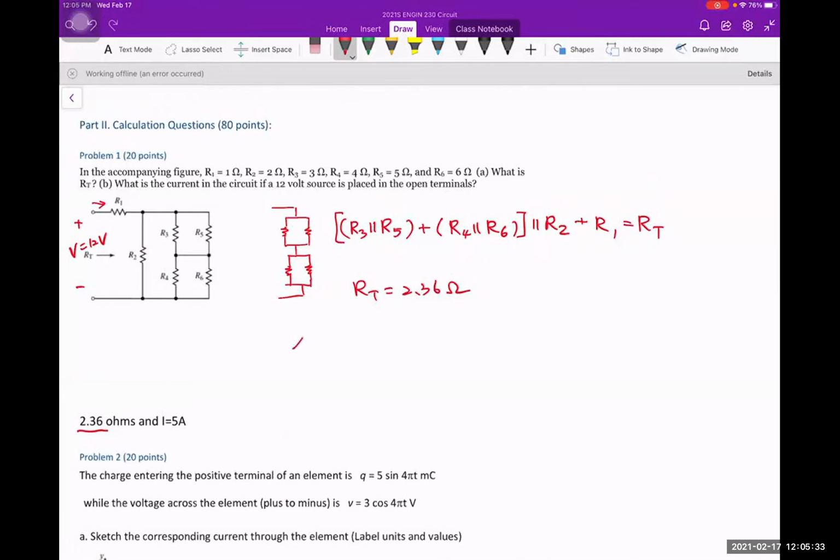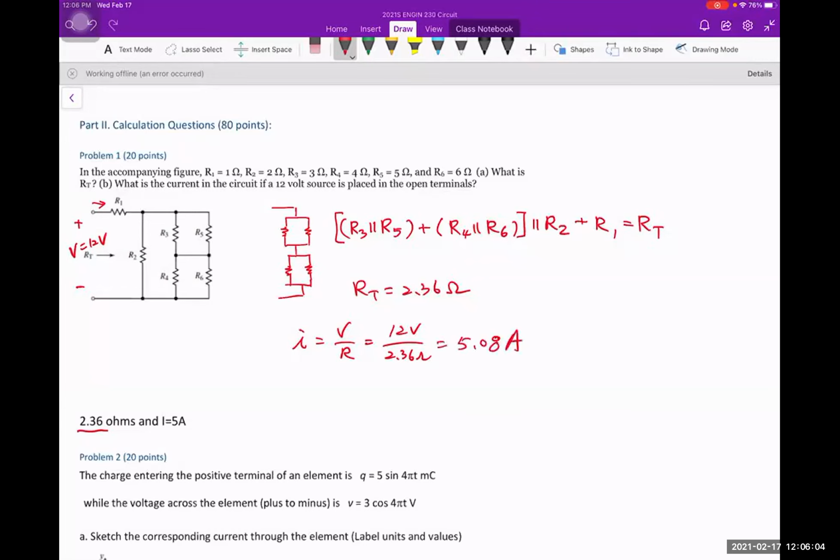V equals IR, right? So the current will be V over R. Then you put 12 volt divided by 2.36 ohm. That's not 5 amp, it is 5.08. Okay, so that should be 5.08.